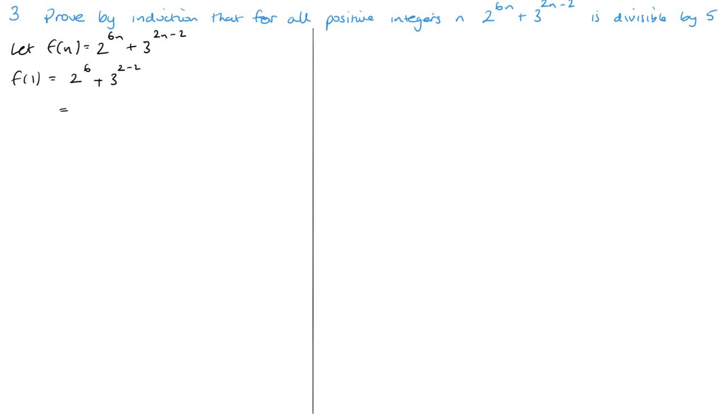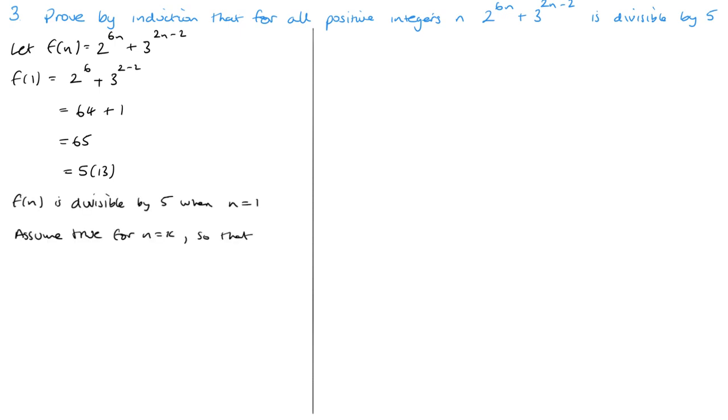So 2 to the power 6 is 64 plus 3 to the power 0 is 1, so that's 65. So that is 5 times 13. Therefore it's divisible by 5.